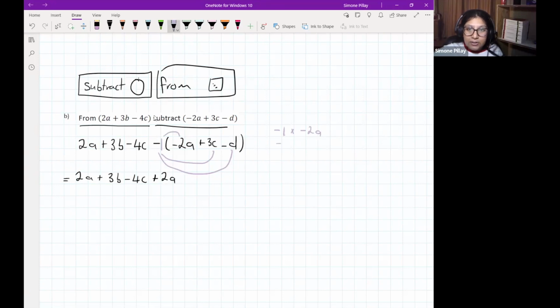Then we have negative 1 multiplied by a positive 3c. A negative and a positive gives me a negative. 1 times 3 is 3, and c is just left there. Then we again have negative 1 times negative d. A negative times a negative gives me a positive, and d is just left over there.